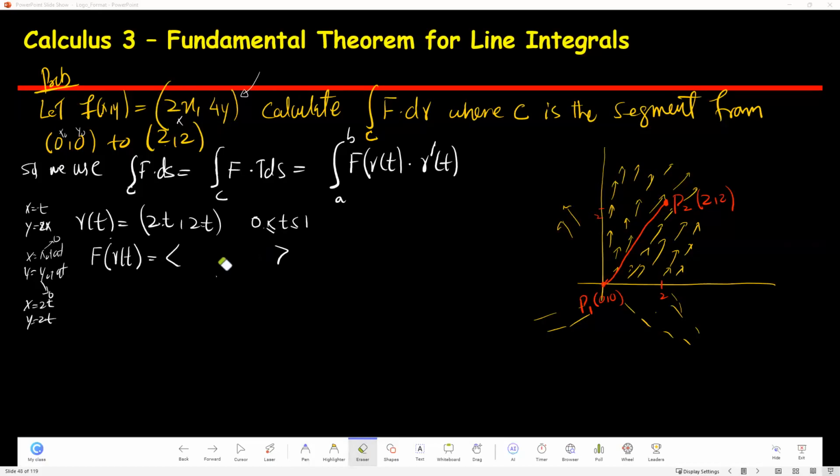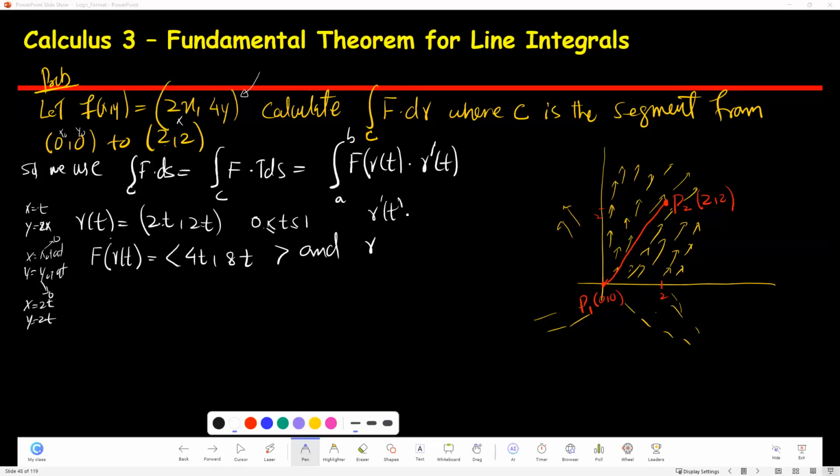So it becomes 4t comma 8t. And my r prime of t, I just take the differential of this one, is going to be 2 comma 2.